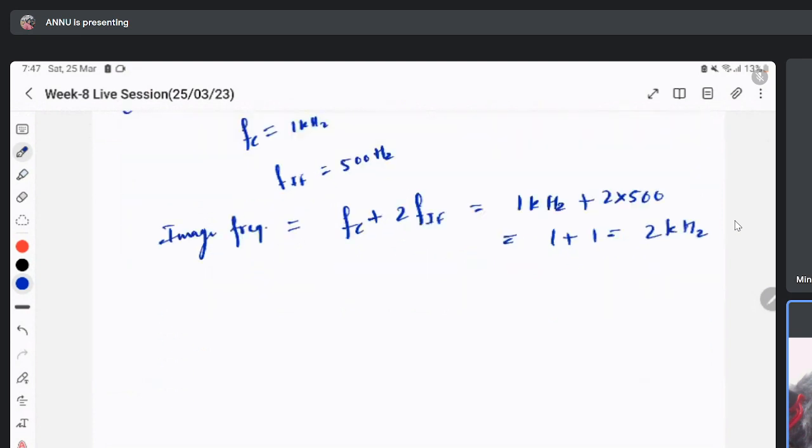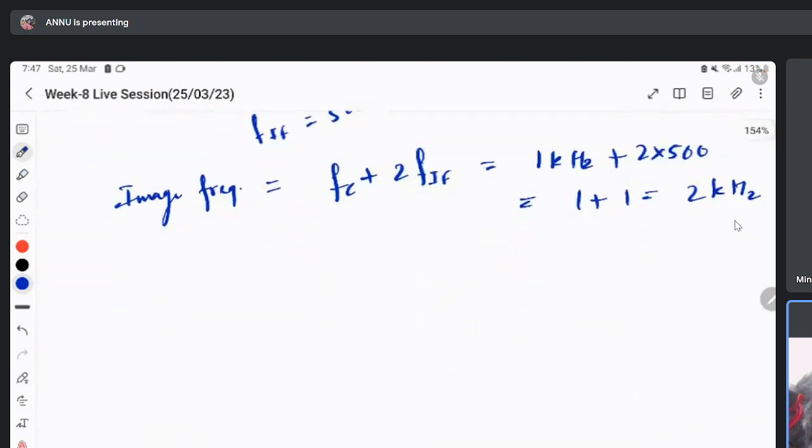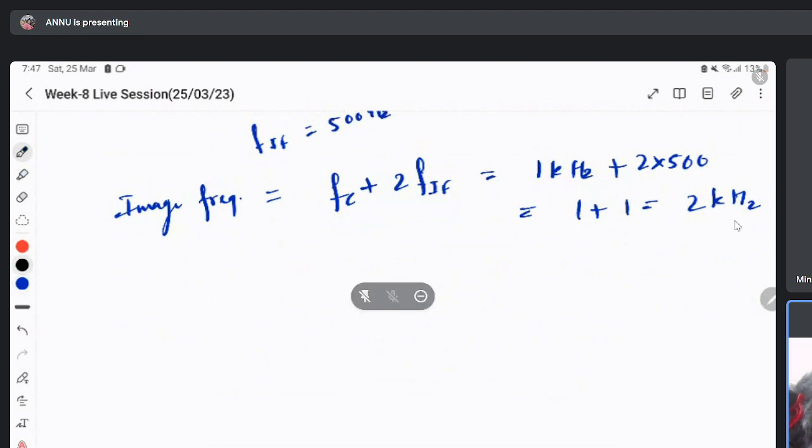Nice, very nice. Let's see the superheterodyne receiver in brief so that you can remember it.